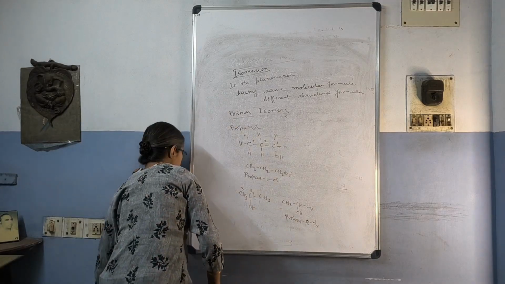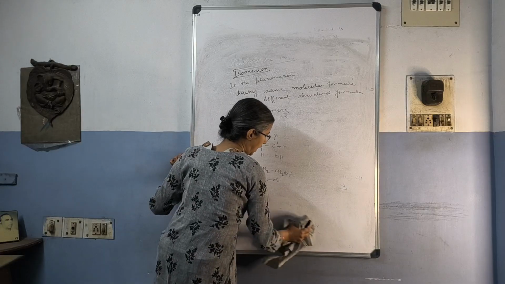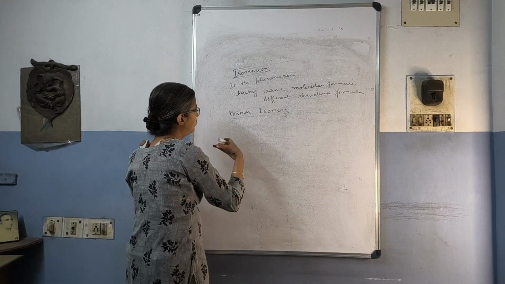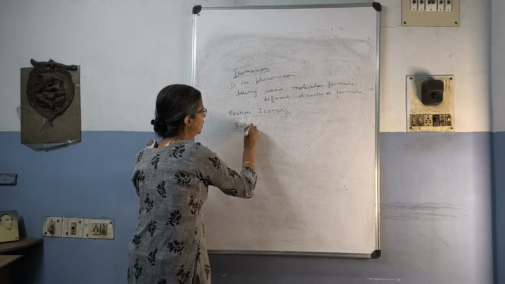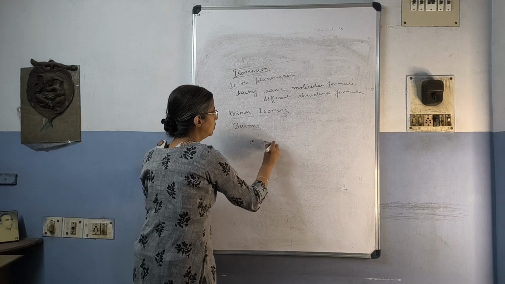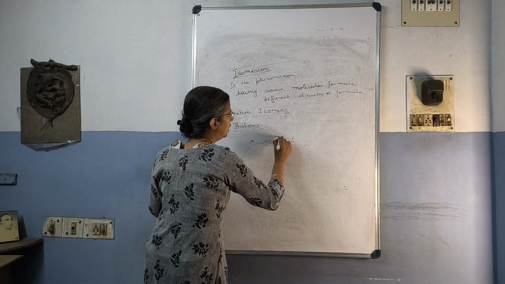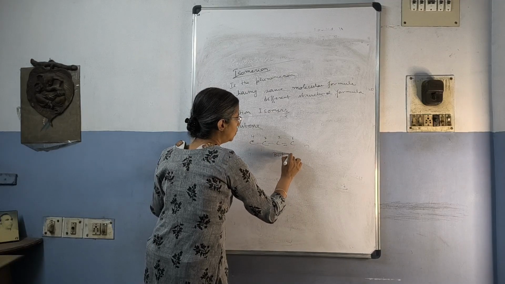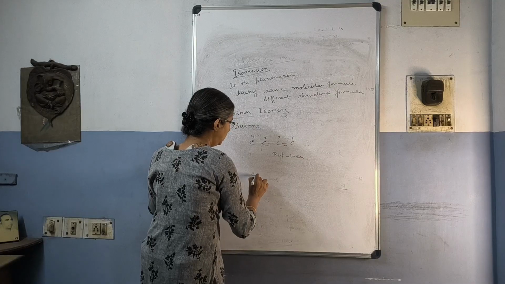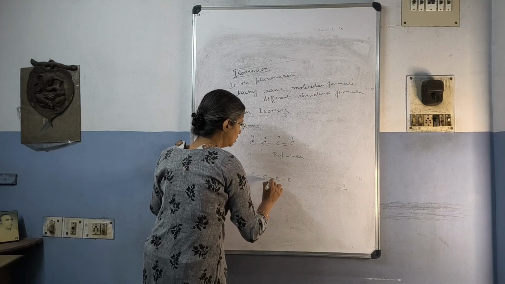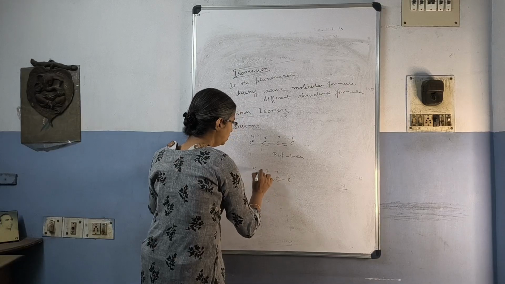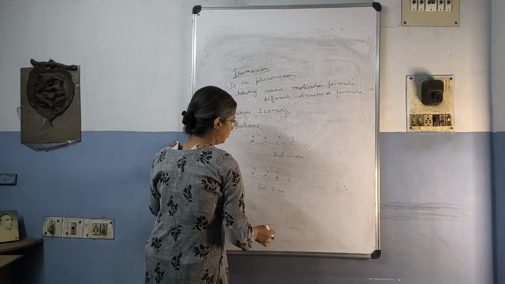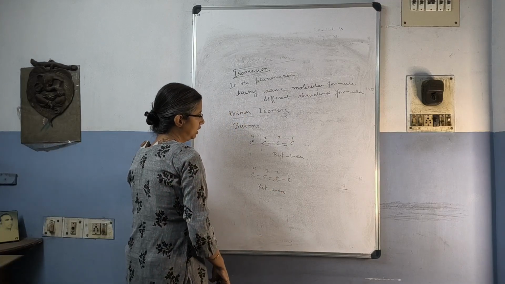Also the position isomers occur for alkenes and alkynes. Like we have butene. 1, 2, 3, 4. So this is but-1-ene. Then we are having 1, 2, 3, 4, with the double bond between 2 and 3, so it is but-2-ene. So this is also position isomers of butene.